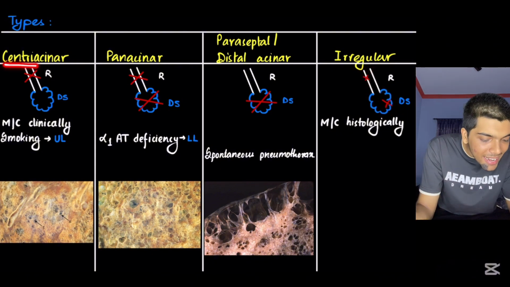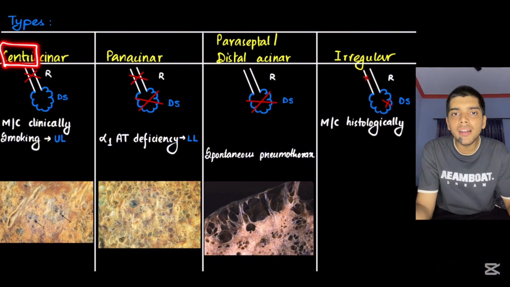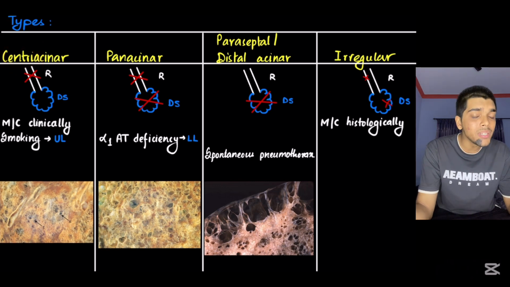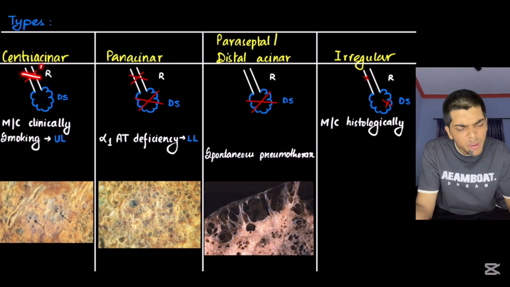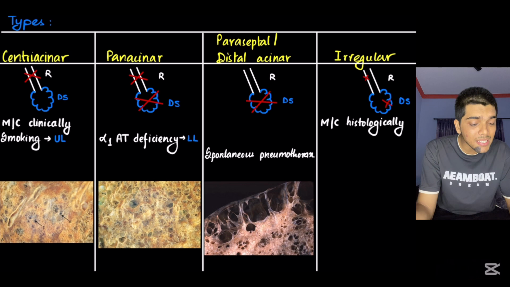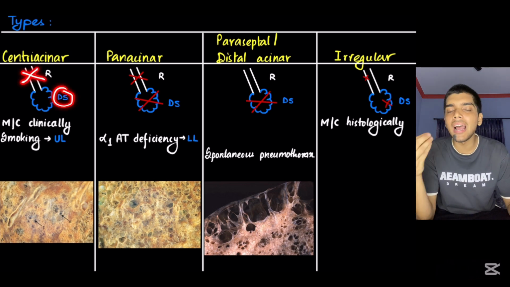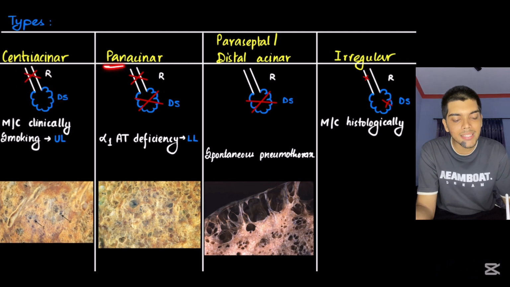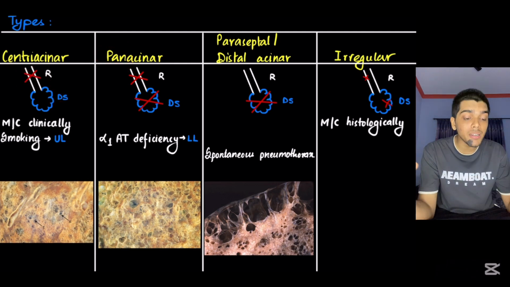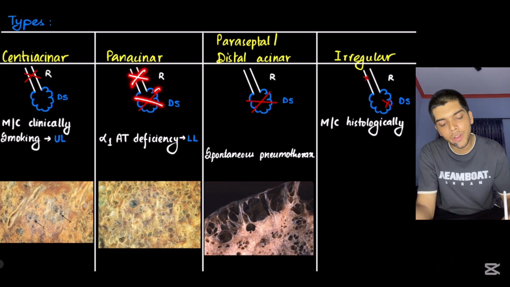In centriacinar, which part is affected? The central part is affected. Which is the central part? The respiratory bronchiole. So it's the respiratory bronchiole which is affected, and the alveolar duct and sac are spared. Panacinar: pan means complete, so the complete acinus is affected, both the respiratory bronchiole as well as the alveolar duct and sac.